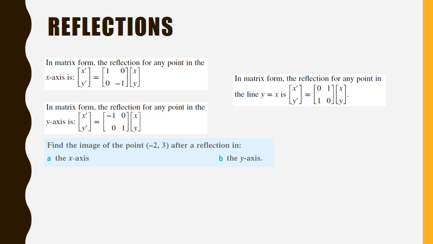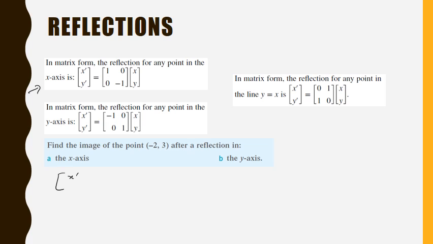Okay, so for reflections and dilations, you just simply have to multiply the matrix. Then if you need to, use the original and rewrite it out. Alright, find the image of a point negative 2, 3 after a reflection in the x-axis. So if you have a look, the x-axis one is this one.